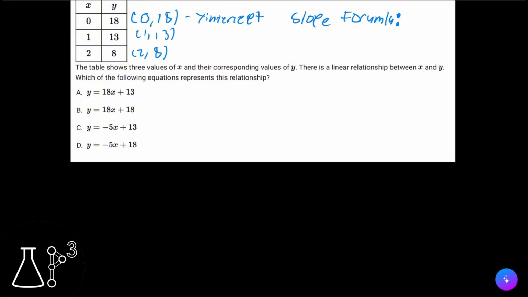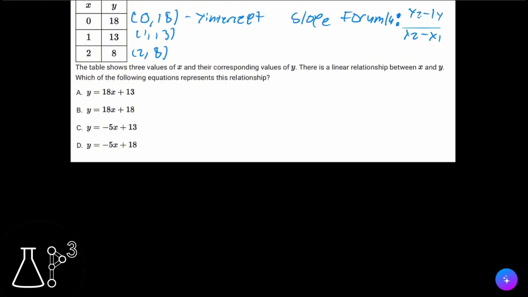The formula is y2 minus y1 divided by x2 minus x1. x1 and y1 are the beginning values, and x2 and y2 are the second values. Our x1 is the smaller x value, and x2 is the greater one. That rule doesn't apply to the y values, because y decreases, only to the x values.